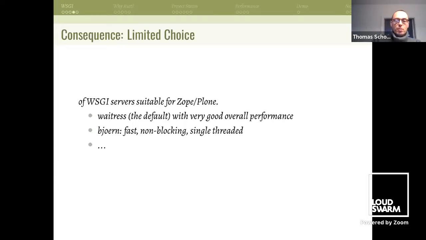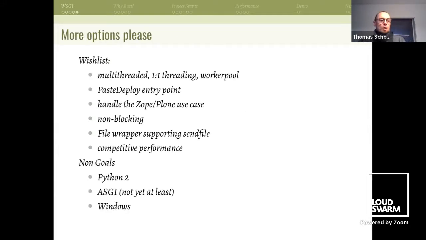Then there are maybe some uWSGI options that could work with Plone and Zope. And yes, there are some other options described in the Zope documentation, but they don't have very good performance. So eventually I wanted more options: more options, please, for WSGI servers that are suitable for use with Zope and Plone.